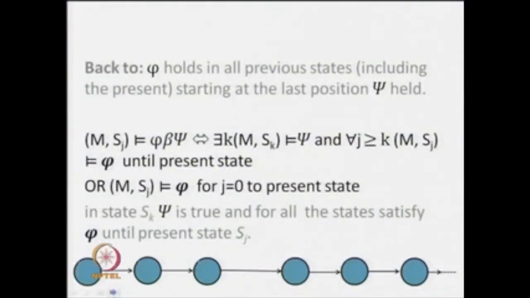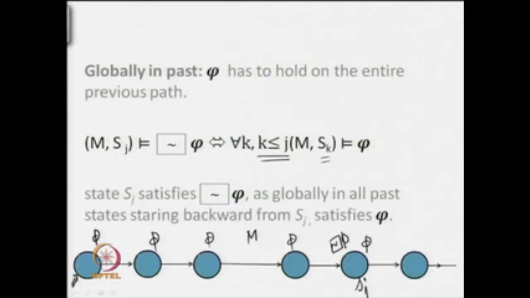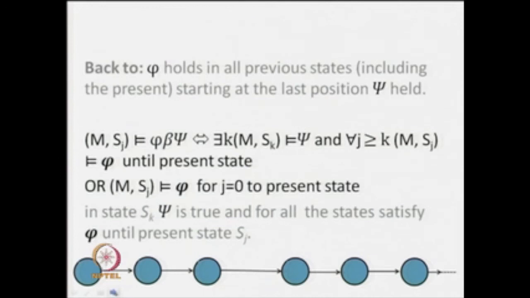Similarly, the last operator in this series is phi back to psi. It holds in a particular state if phi holds in previous states, including the present, starting at the last position where psi holds. Again, since in the past we may have infinite states, we will restrict to some initial states. We are going to look from a particular state, say S j, and ask whether phi back to psi holds in S j.